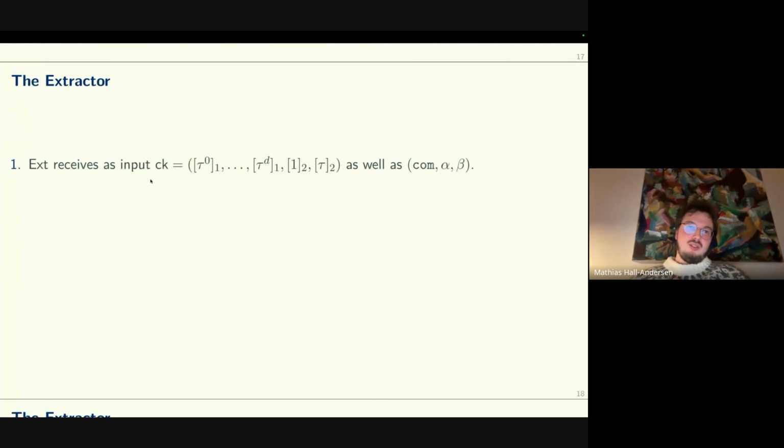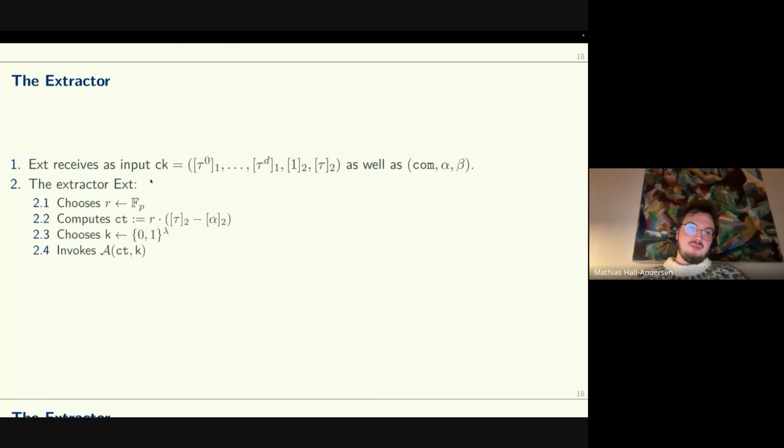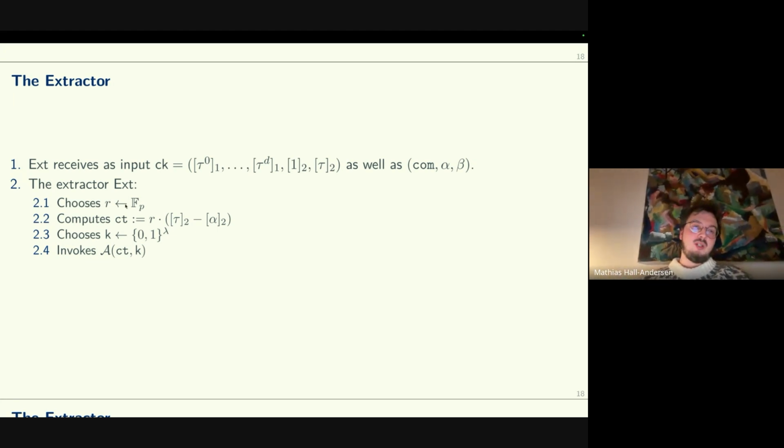So now the observation is how the extractor is going to work. Intuitively, at this point we already know that the adversary has produced S, so he must also provide a description of S. Let's see how we go about doing this. The extractor chooses a random R, computes the ciphertext correctly, and then invokes the adversary on this ciphertext.